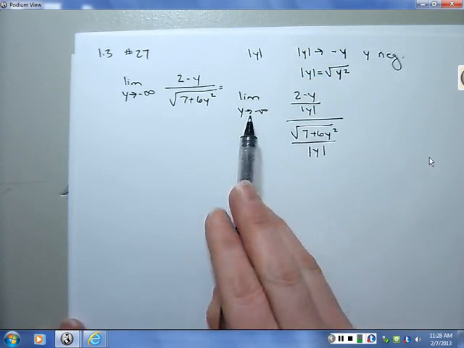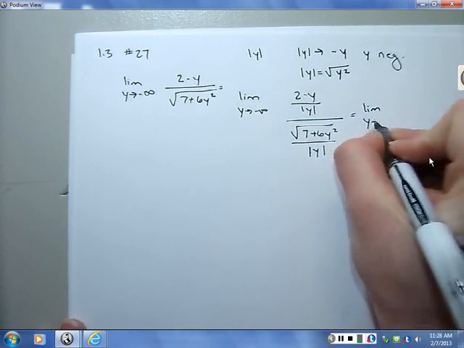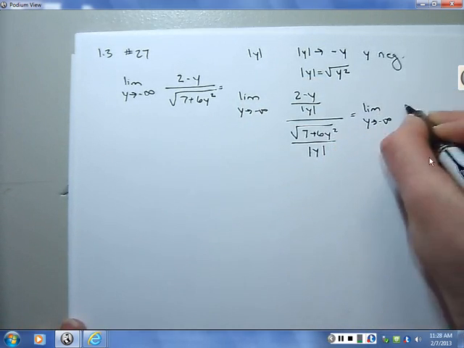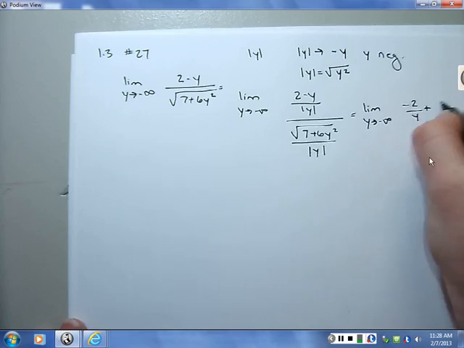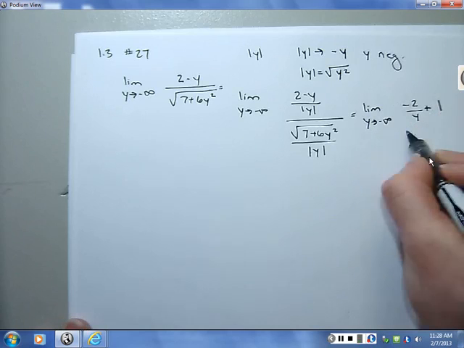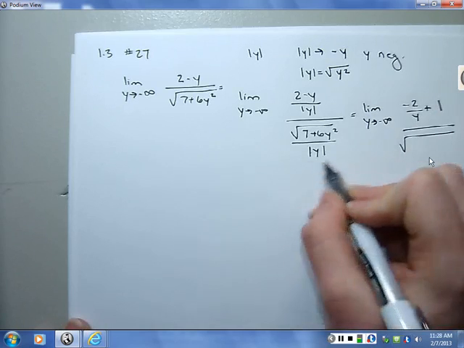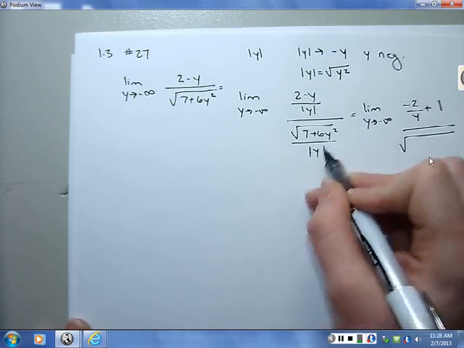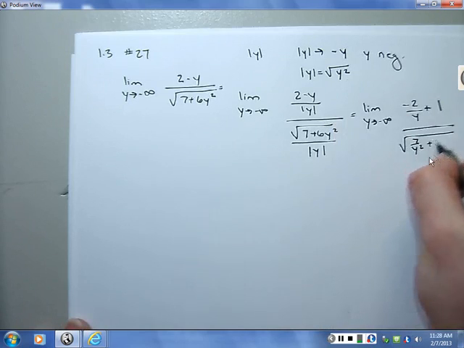Since y is going to minus infinity, I end up with the limit as y goes to minus infinity of minus 2 over y plus 1, and then I rewrite the y in the denominator as the square root of y squared, so I have 7 over y squared plus 6.